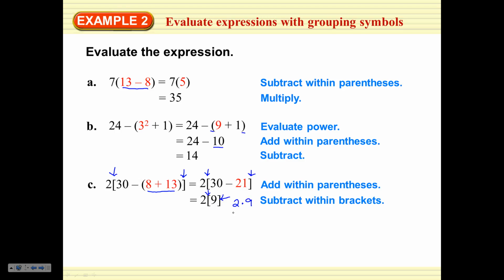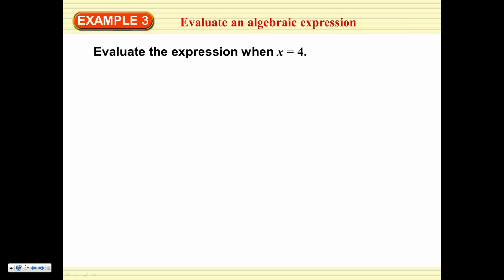You could write it that way, or you can write it with brackets, parentheses, whatever you would like to show that that represents multiplication. Either way is correct. And now we're going to multiply. Our last step is 2 times 9, which is 18. Okay? So that is our order of operations, where we have parentheses within brackets, and we followed order of operations inside the brackets as well.